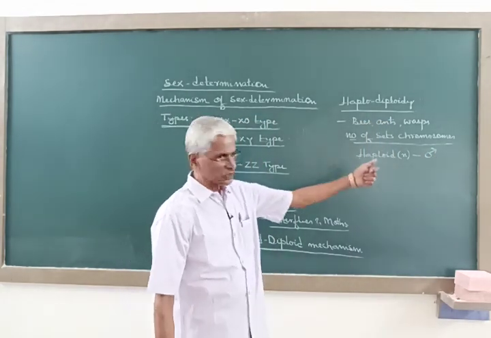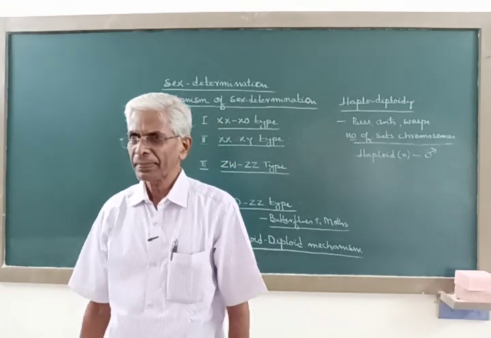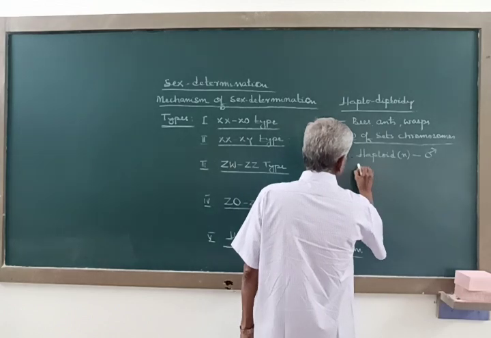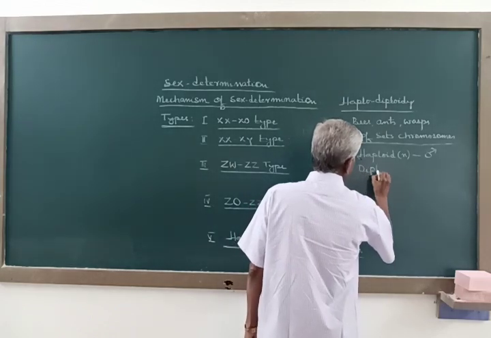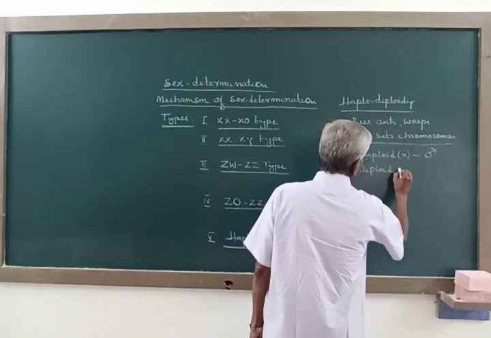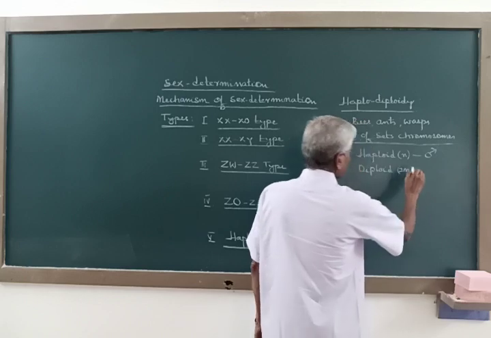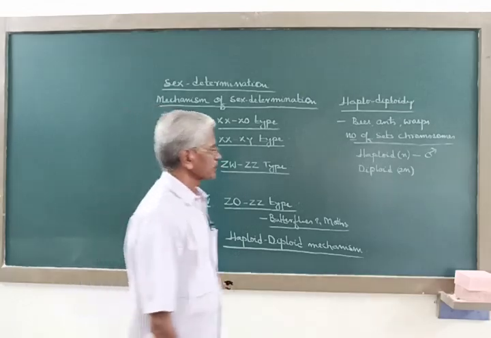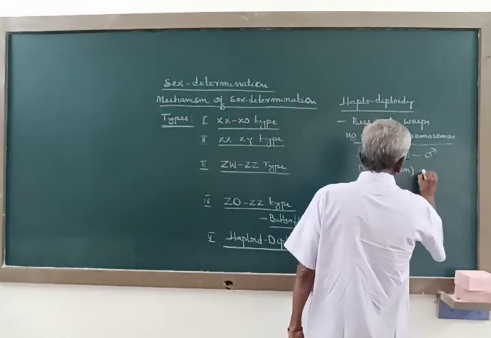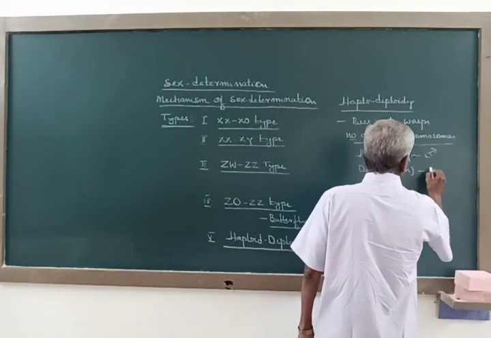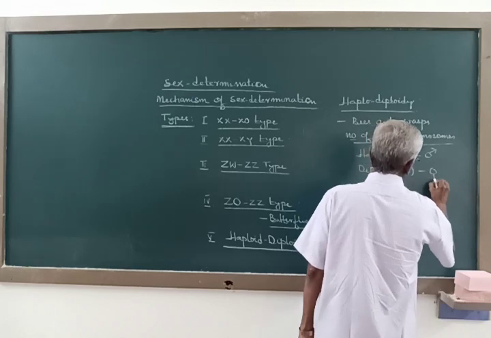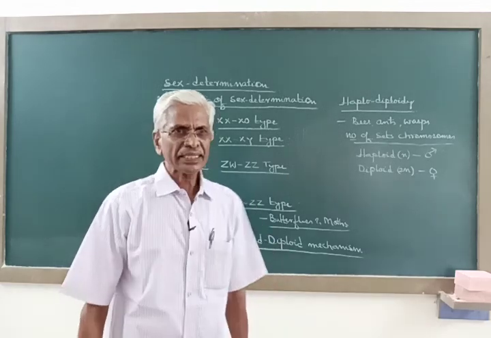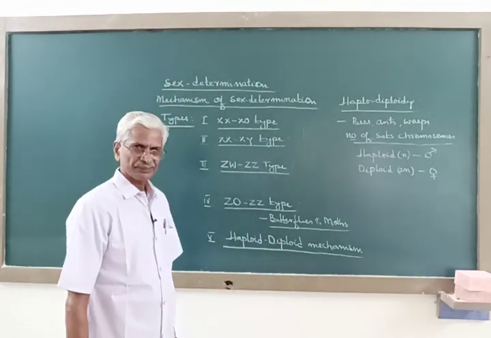Haploid number of chromosomes makes the offspring to become male, whereas the diploid number of chromosomes, two sets of chromosomes, 2n number of chromosomes, makes the offspring to become female. So this is how sex is established here.